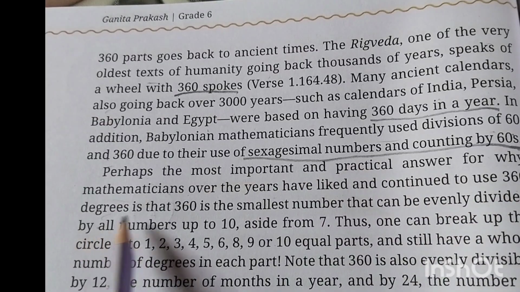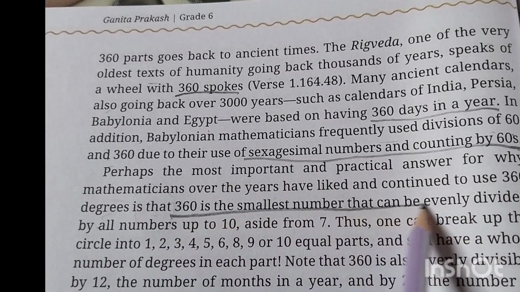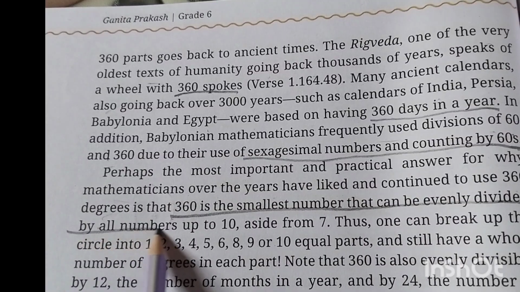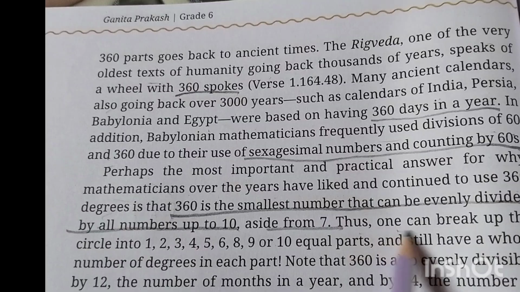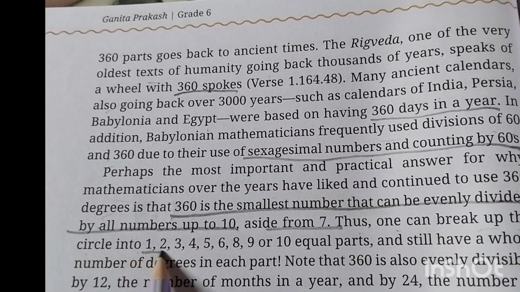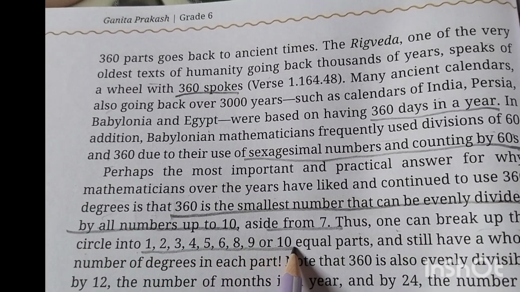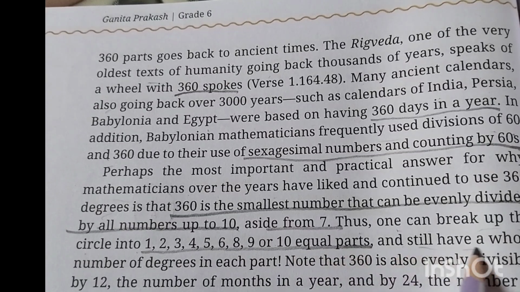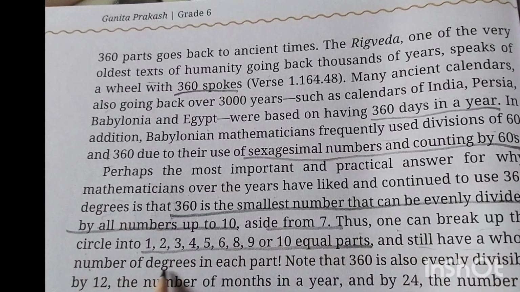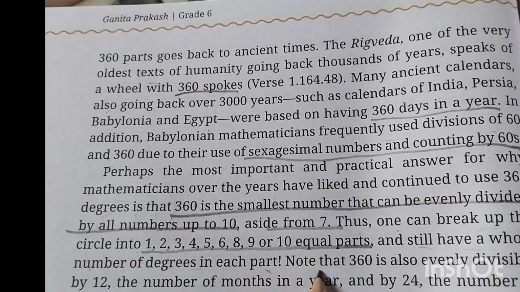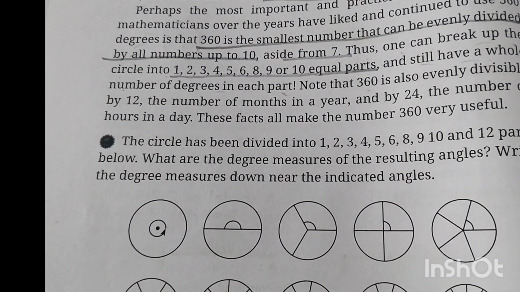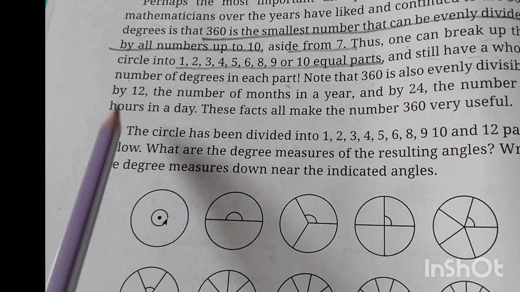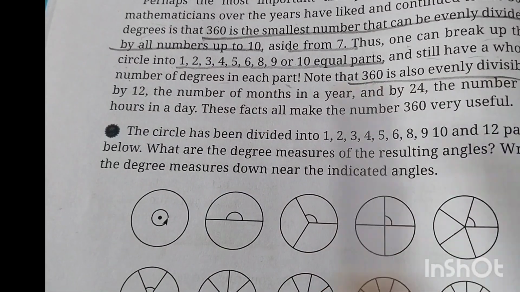Perhaps the most important and practical answer for why mathematicians over the years have liked and continue to use 360 degrees is that 360 is the smallest number that can be evenly divided by all numbers up to 10, aside from 7. Thus, one can break up the circle into 1, 2, 3, 4, 5, 6, 8 or 10 equal parts and still have a whole number of degrees in each part. Note that 360 is also evenly divisible by 12.